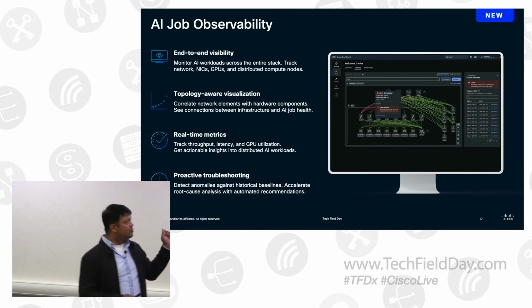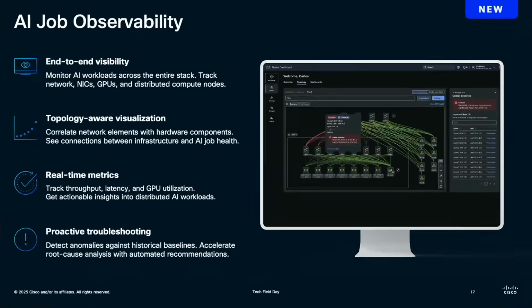Which jobs are taking a lot of bandwidth? Which GPU is talking to which GPU? What path is it taking? How congested is that path? All of that visibility you can get from Nexus Dashboard just by importing this AI/ML fabric into Nexus Dashboard.